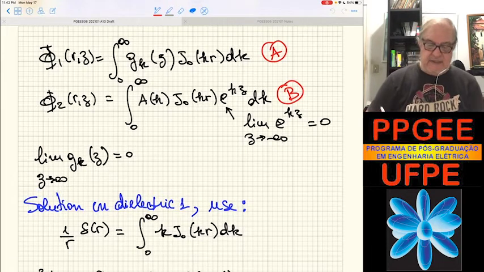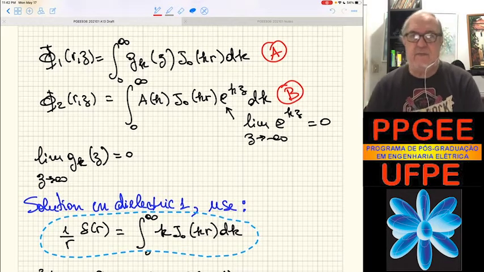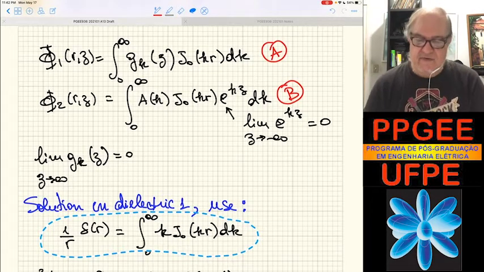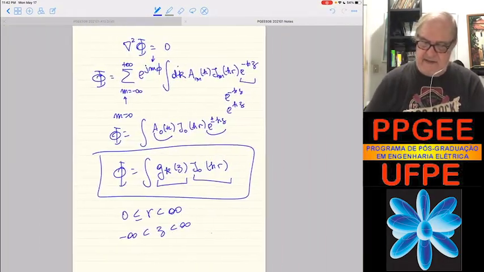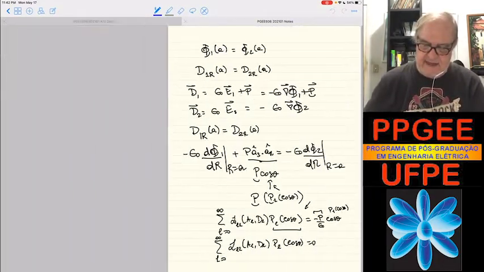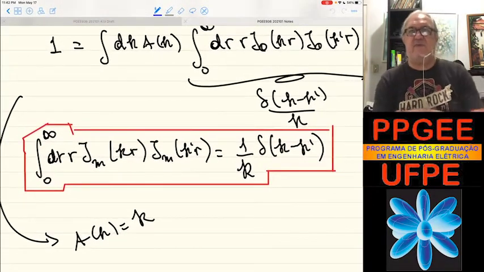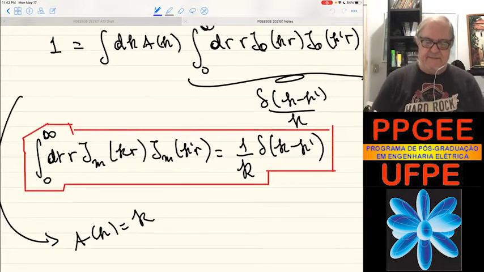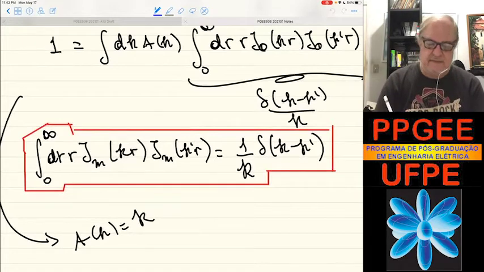Well, we are going to use this property here. This is the completeness of the delta function. Where does it come from? Let me see if I can find it. Here. It comes from this relation that we derived in lecture 10, I believe. This is a completeness relation.